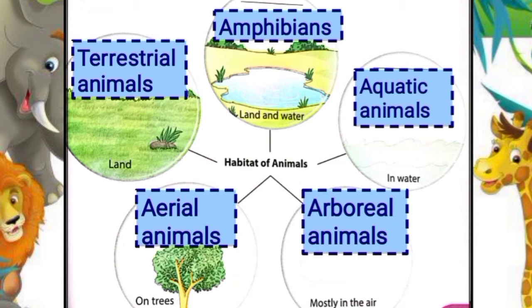Humans live in many different parts of the world. They eat many kinds of food. They wear different clothes to suit the weather, whether it is hot or cold.